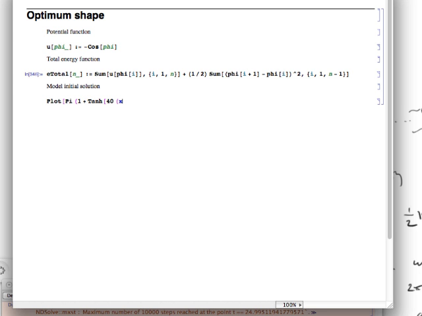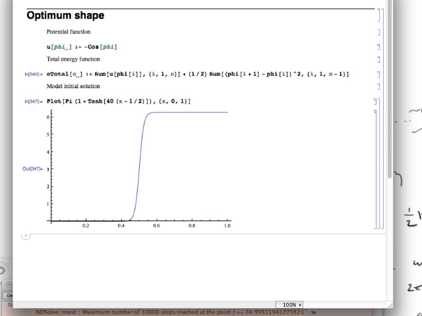It turns out that if you take pi times 1 plus tanh of some number times x minus a half, that runs between 0 and 2 pi, crosses over in the middle at x around a half, and how fast it crosses over has to do with what number you put here in this width position.